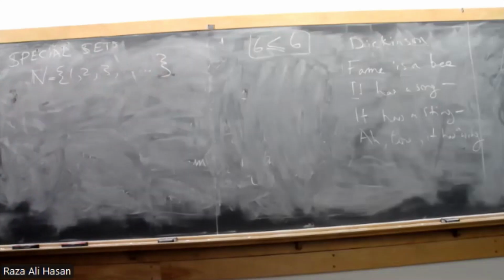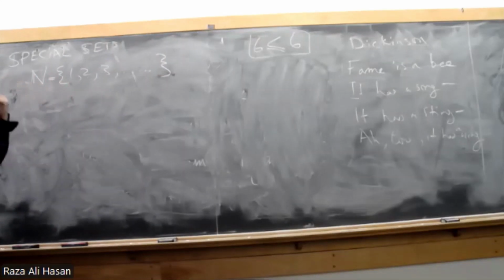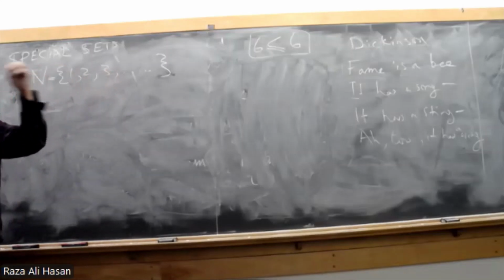Forever to the right. Natural numbers has a lower bound. Everybody, does it have a lower bound? Does it have a minimum element? 1. Lower bound 1. Does it have a second lower bound? No. Because in this world, these are the only numbers. We have 1, 2, 3 forever.